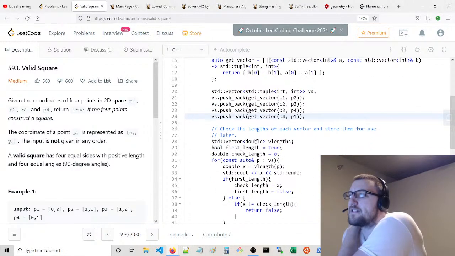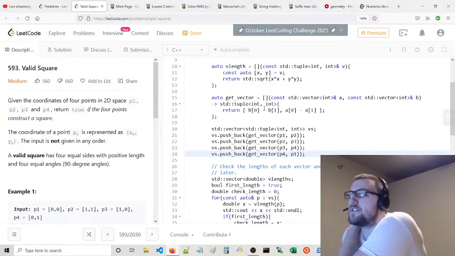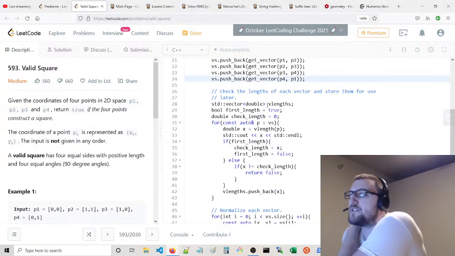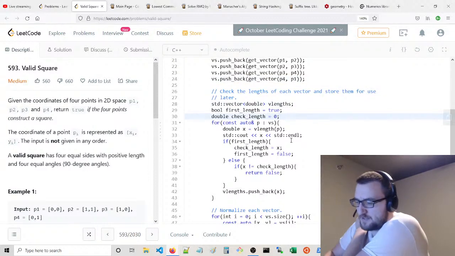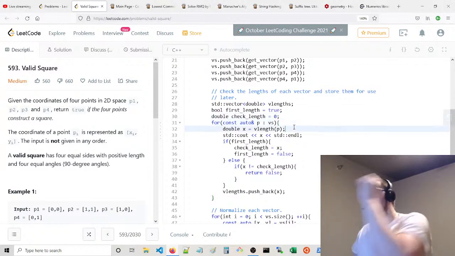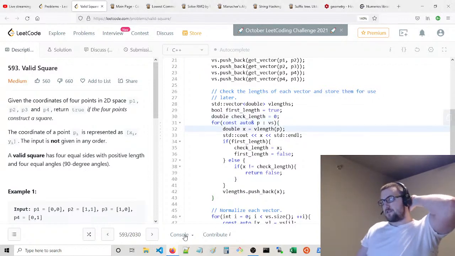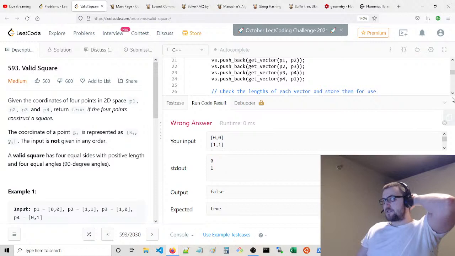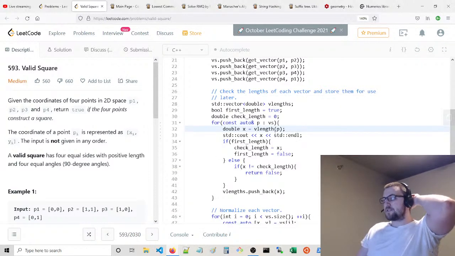And these are integers, that's fine. Now, the v lengths, first length, check length is 0. So the first length was 0. That's interesting.